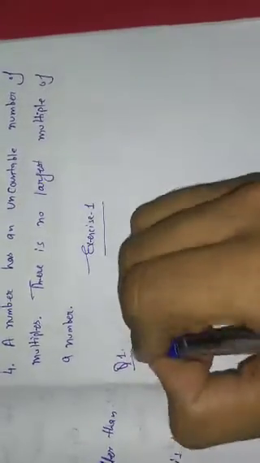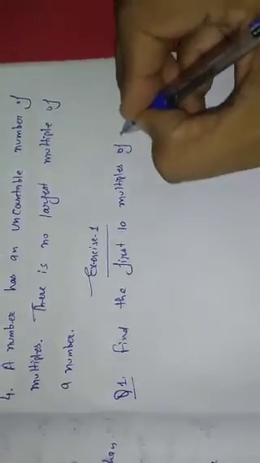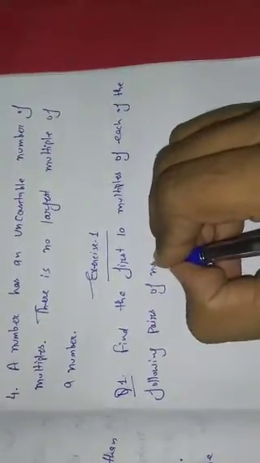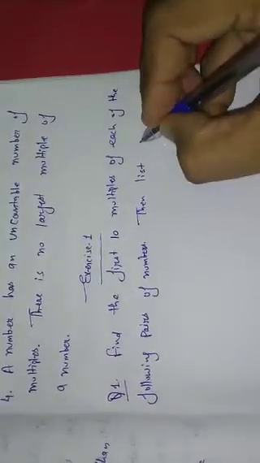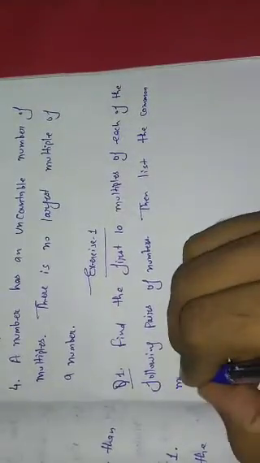Question number 1 has been given: find the first 10 multiples of each of the following pairs of numbers, then list the common multiples.